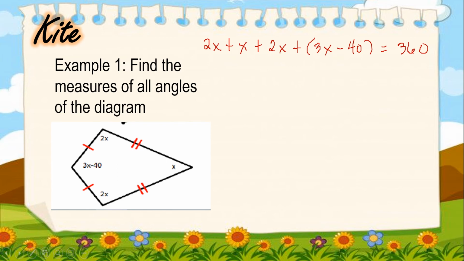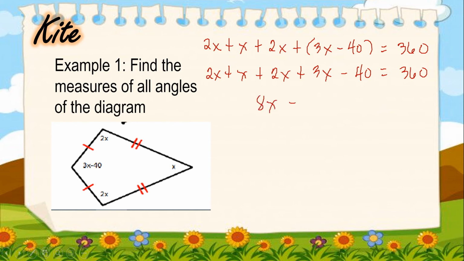Okay, let's first remove the grouping symbol. So we have 2x plus x plus 2x plus 3x minus 40 is equal to 360. Combine like terms. We have 2x plus x plus 2x plus 3x, the sum is 8x.